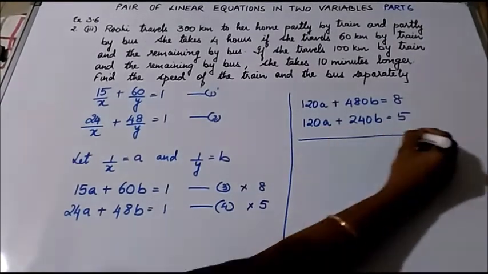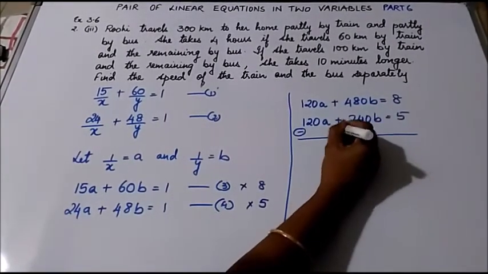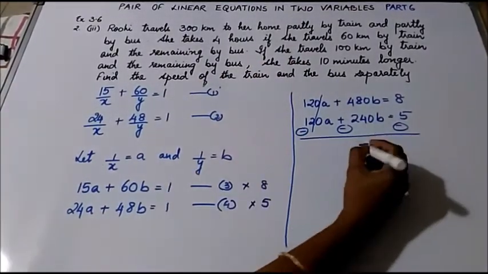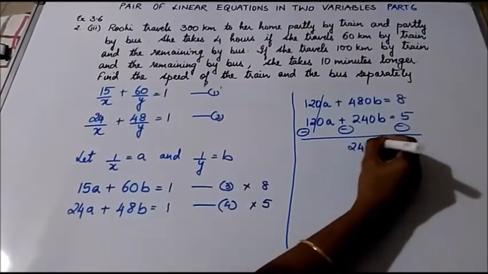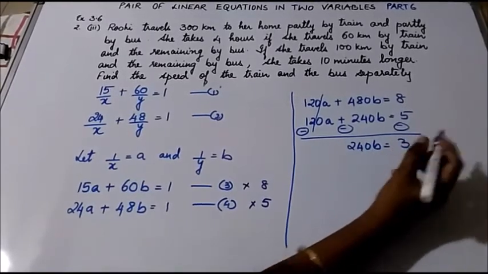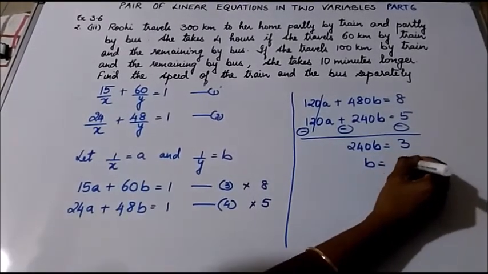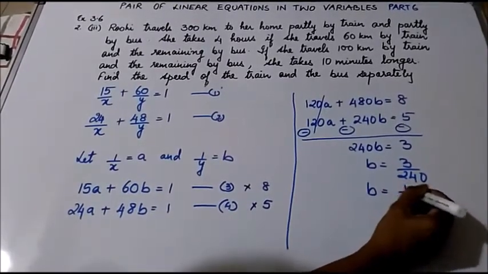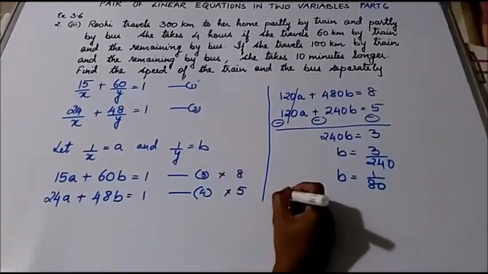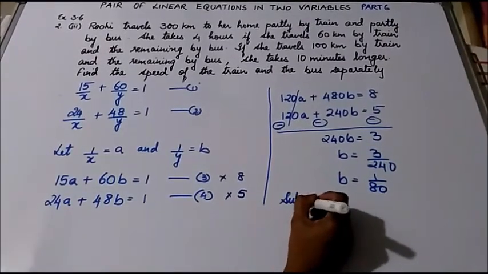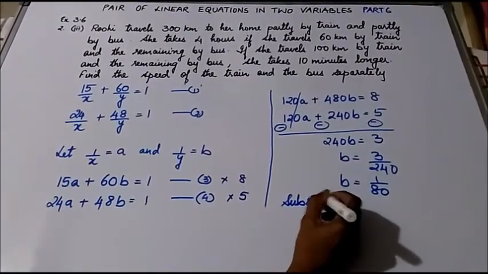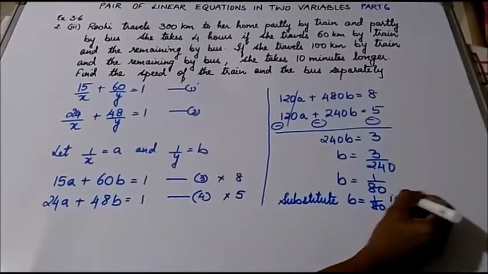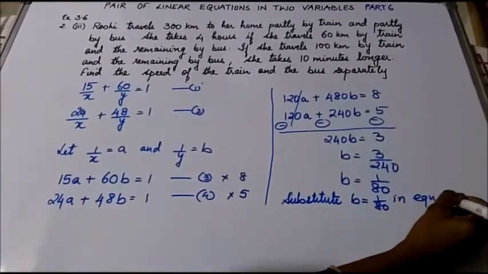Now we will subtract both the equations. This term will get cancelled. Here you will get 240b is equal to 3. That is equal to 1 by 80. Now substitute b is equal to 1 by 80 in equation 3.